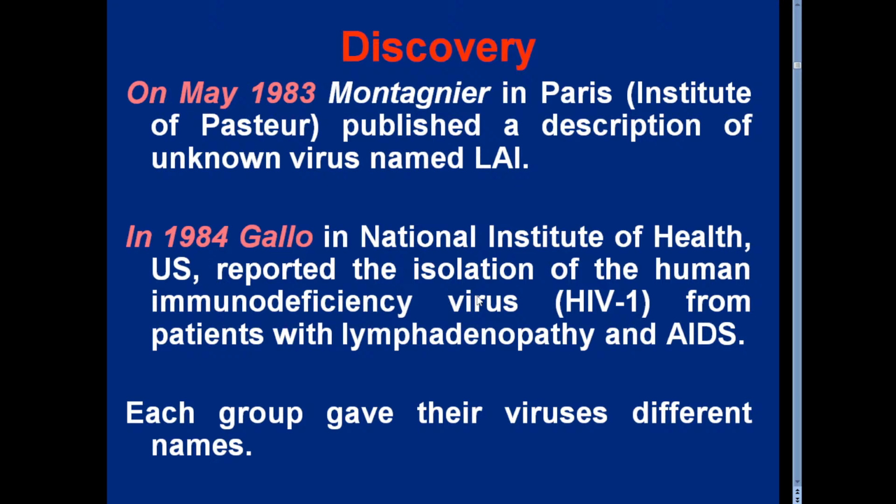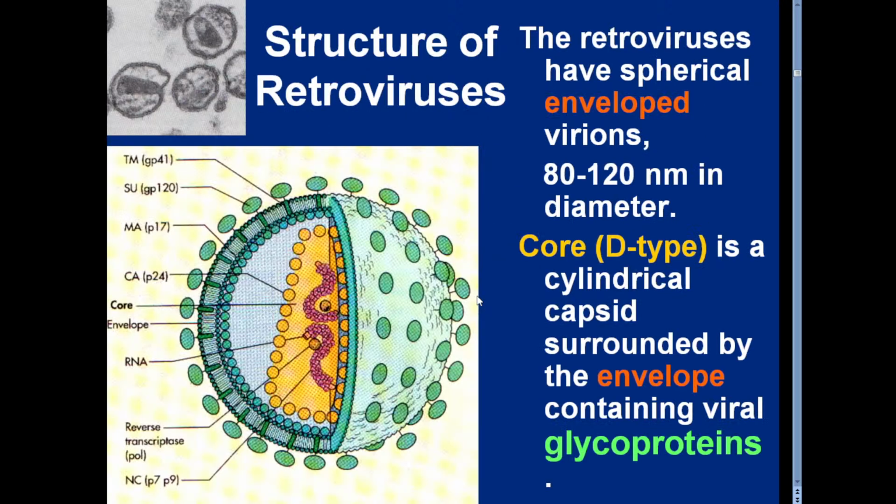Each group gave their virus a different name. But later, all started to call these viruses HIV. Then let's discuss the structure of these viruses.